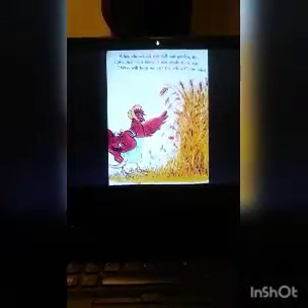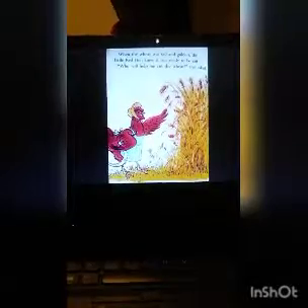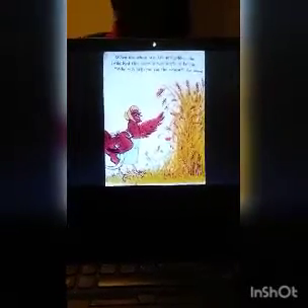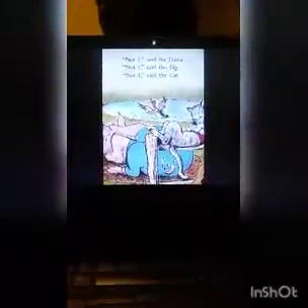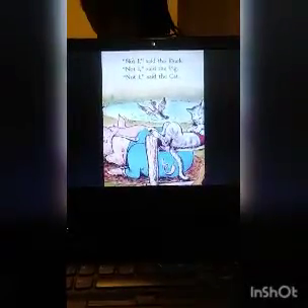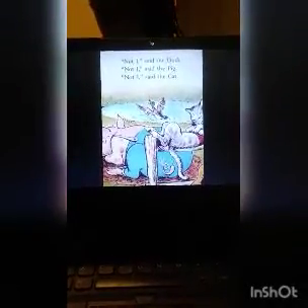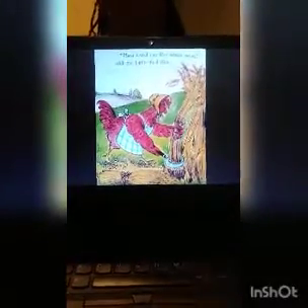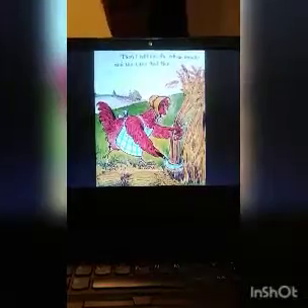Then the wheat was tall and golden. The little red hen knew it was ready to be cut. Who will help me cut the wheat? She asked. Not I, said the duck. Not I, said the pig. Not I, said the cat. Then I will cut the wheat myself, said the little red hen.